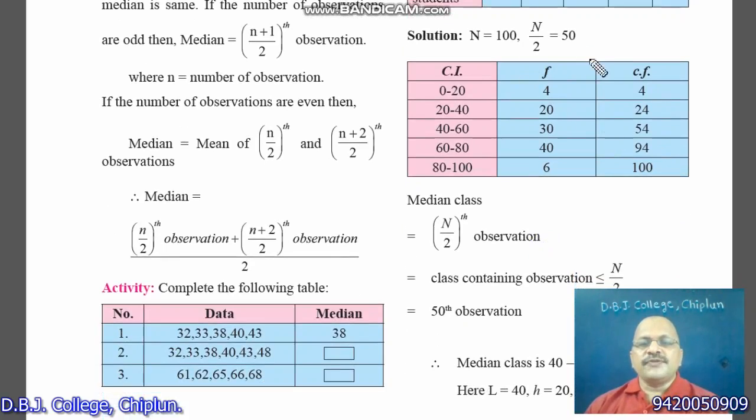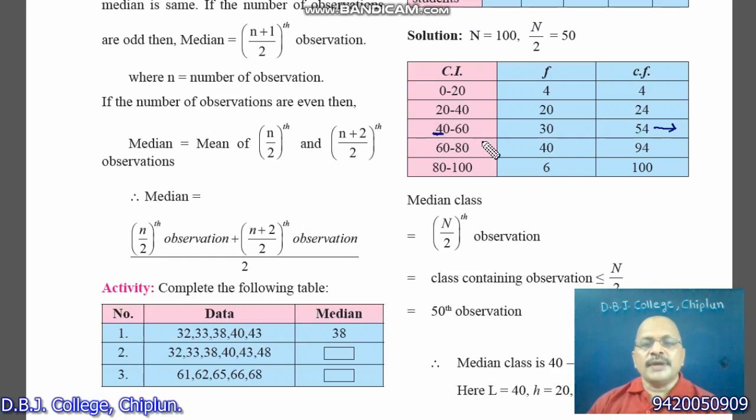N by 2 is 50. This 24, no. 54, yes. 50 is less than 54. So this 40 to 60 is the median class. So I am going to take this as the median class.